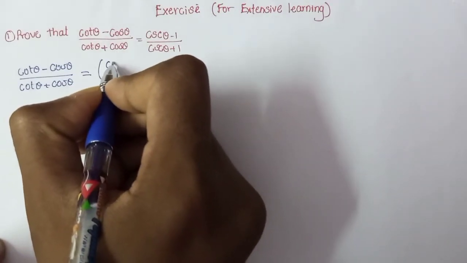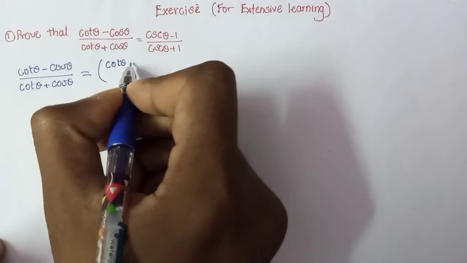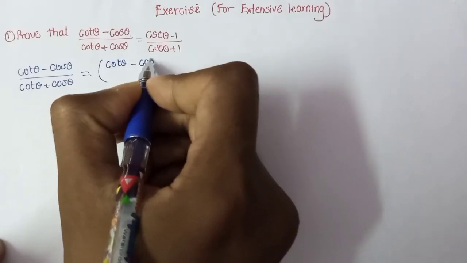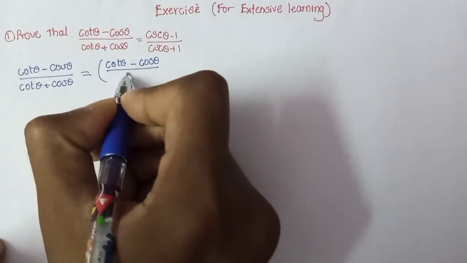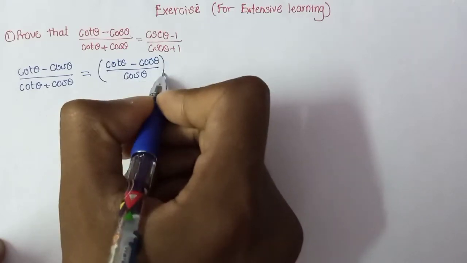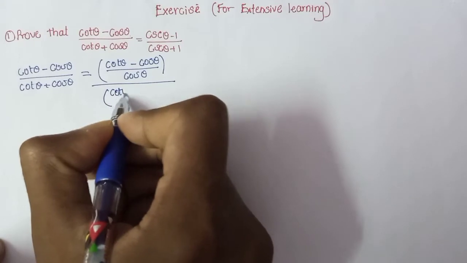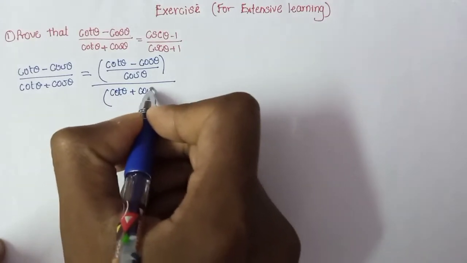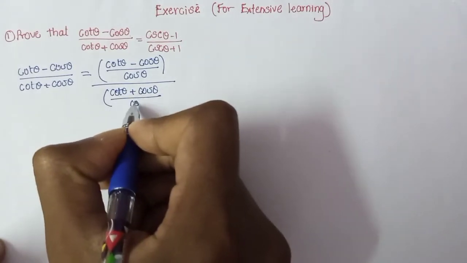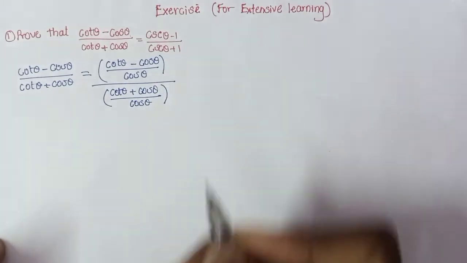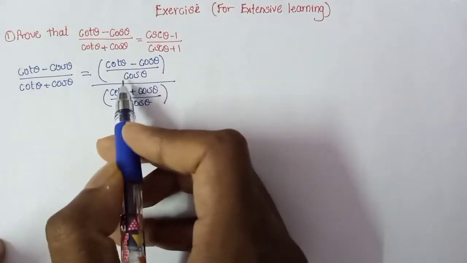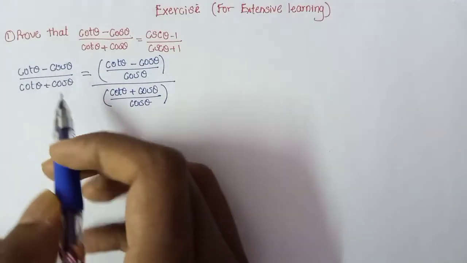That is, (cot theta minus cos theta) divided by cos theta in the numerator, as well as in the denominator, (cot theta plus cos theta) divided by cos theta. Here if you cancel cos theta and cos theta, you will get this equation only.